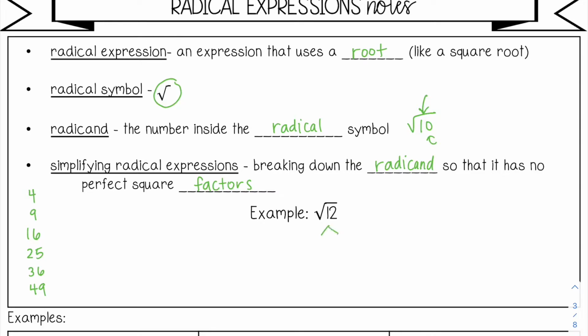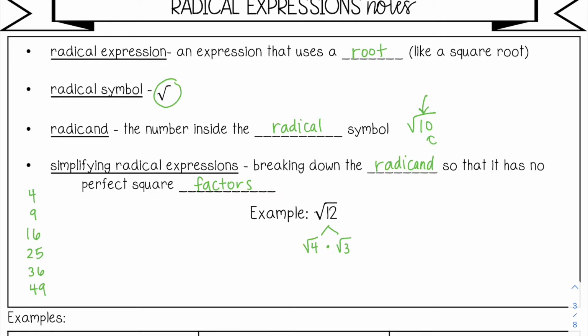So I can rewrite the square root of 12 as the square root of 4 times the square root of 3, because 4 times 3 will give me 12. So I just broke it down into two numbers, 4 times 3, because that multiplies to give me 12. And I wanted to use 4 because it's a perfect square.